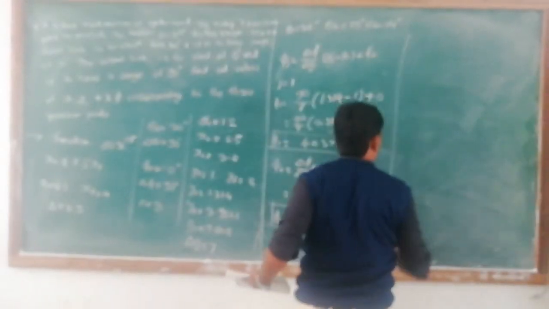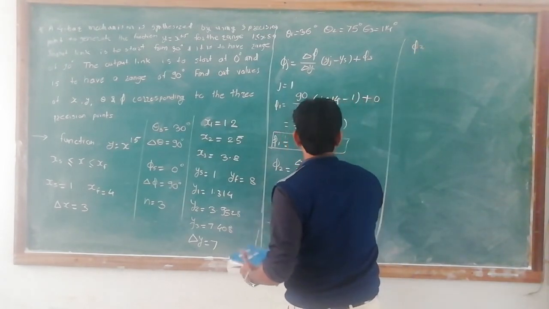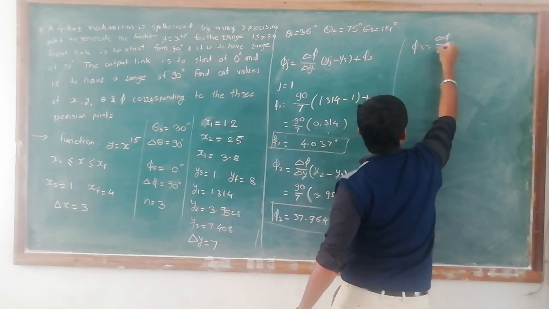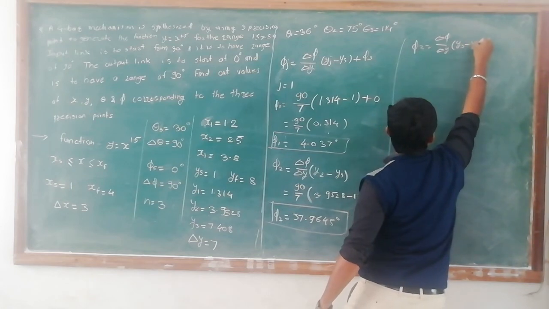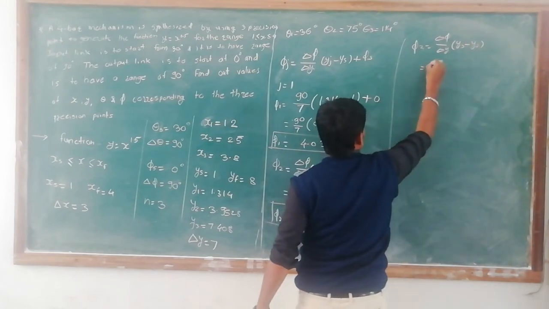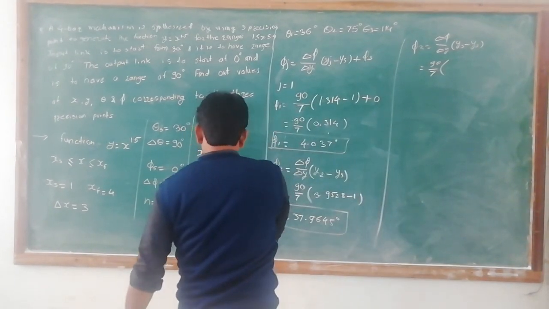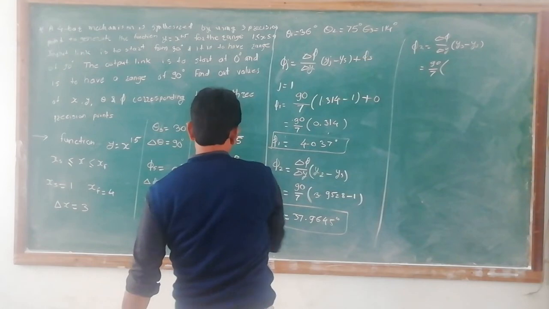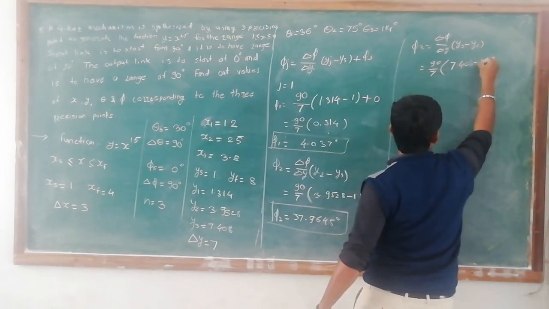Now phi 3 is equal to delta of phi divided by delta of y into (y of 3 minus y of starting). So it is 90 divided by 7, with y of 3 equal to 7.408, minus 1.